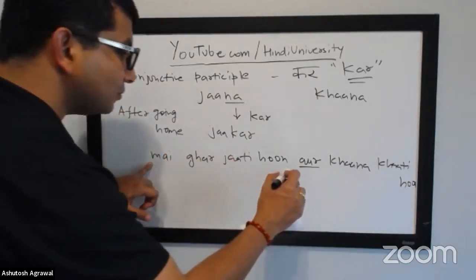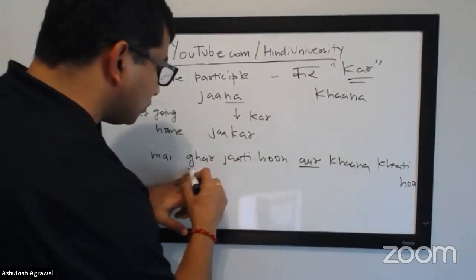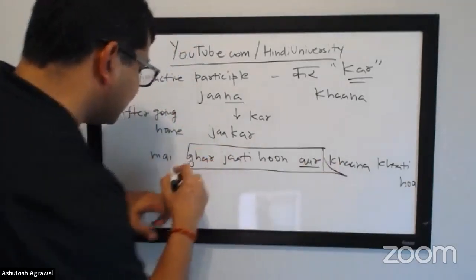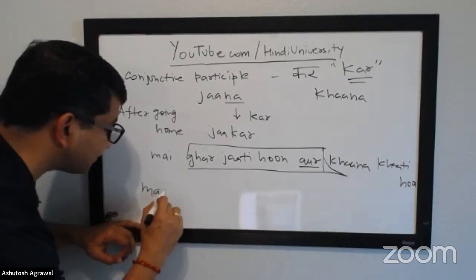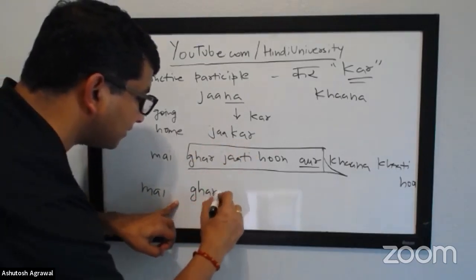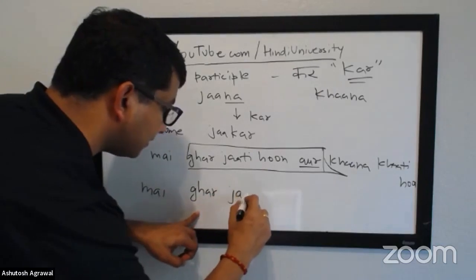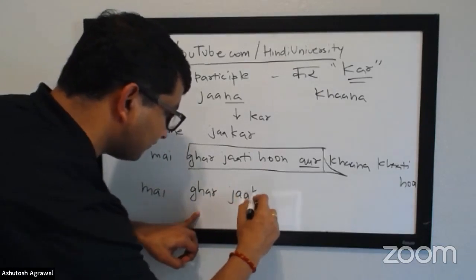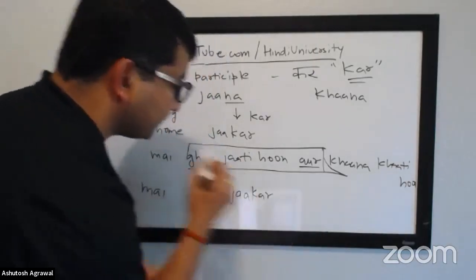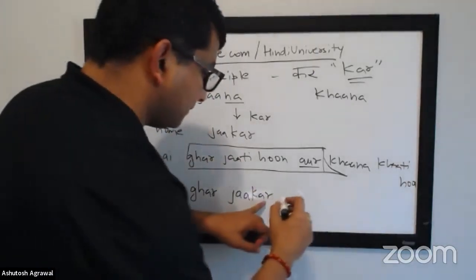So what you will do is, I wrote it in the second method, which is basically मैं घर जाती हूँ और खाना खाती हूँ. So this thing will get replaced with, what will you say, because the same subject, and as you said it will be मैं घर जाकर.